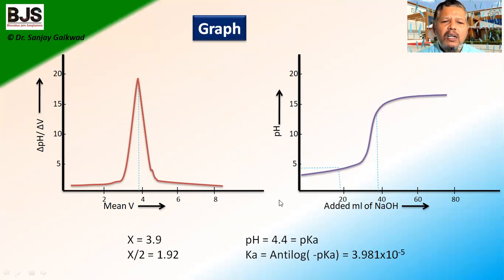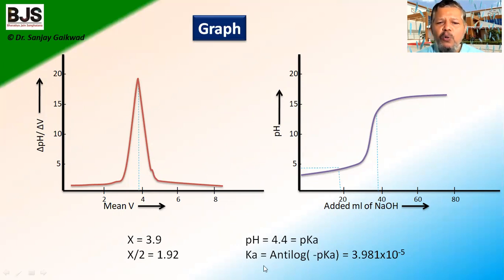At this stage, the value of X is equal to 3.9, and divided by 2, that is the half neutralization point, 1.92. From the 1.92 value, we have to extrapolate this line and transfer here the pH of the solution at the half neutralization point, and it is observed that the pH is equal to 4.4, and this is the pKa value of the weak acid.